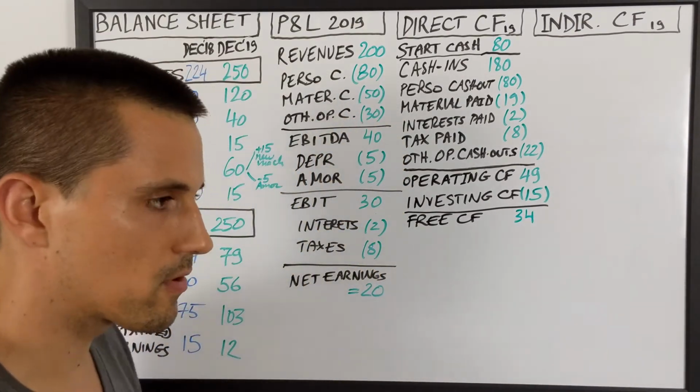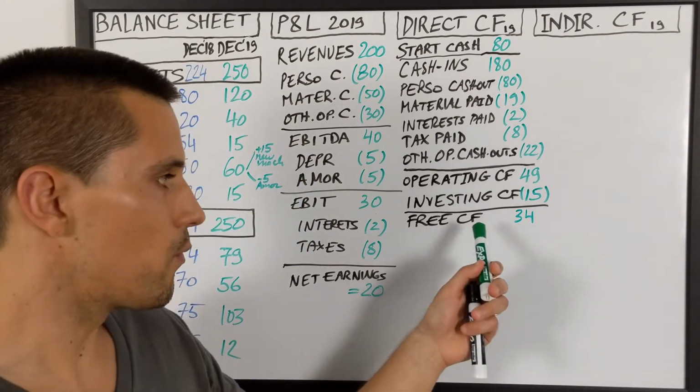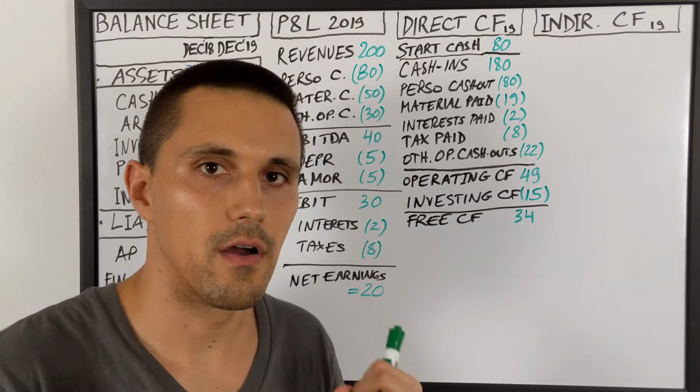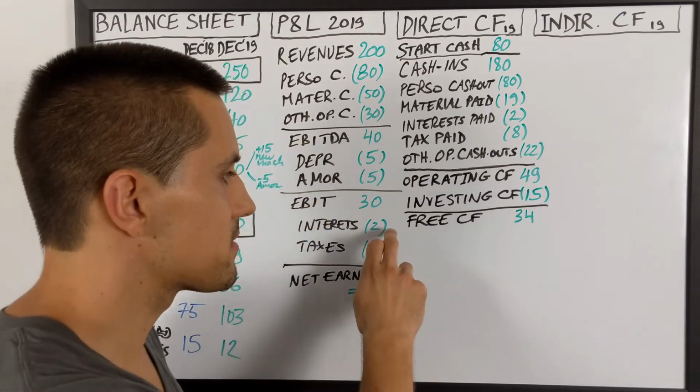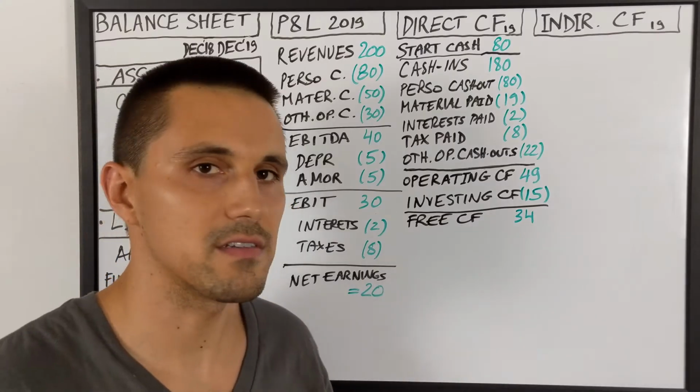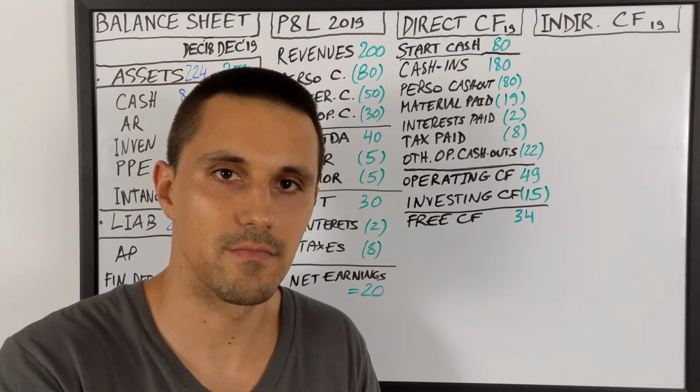So why is it so important and what does it mean? Well, it means that the company generated 34 of cash, right? This number here, the free cash flow, tells you: did the company generate or burn cash? In this case it's positive, so it is generating cash.